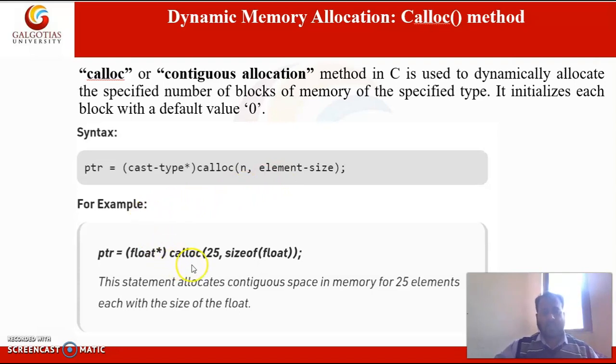Here in the example we have taken a pointer which will store 25 values of float type. Suppose a float takes 8 bytes, then 8 into 25 will be 200 bytes it will allocate to the pointer variable. Here this is the typecasting, as we have discussed in the malloc method.